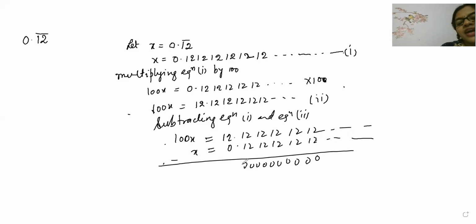Because beta, both sides you are subtracting, and this side will become 12. So 99x is equal to 12. So x is equal to 12 by 99.